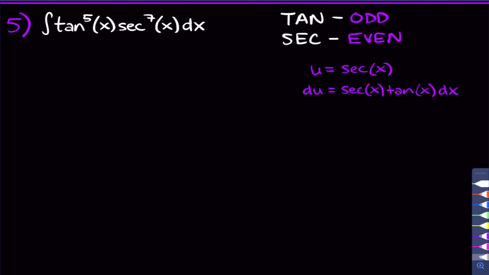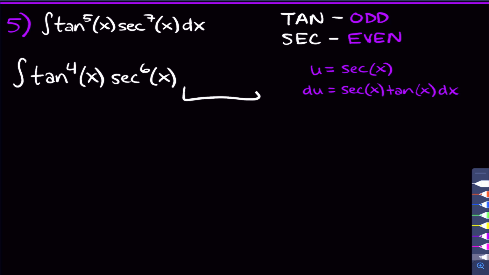So now what we need to do is we need to get a secant x tangent x dx separated out in this integral. So let's take one tangent away and one secant away. So we'll rewrite this integral as tangent to the fourth of x times secant to the sixth of x. And then those two trig functions that we just plucked, we're going to put those here.